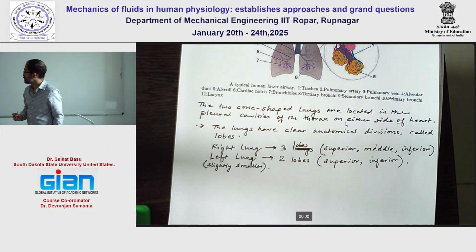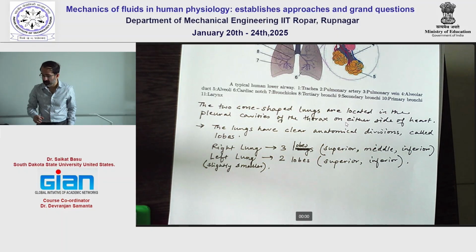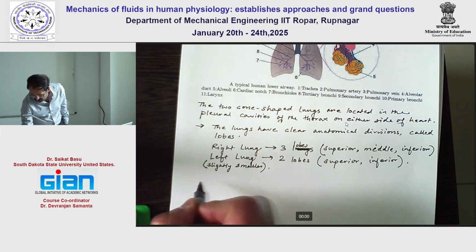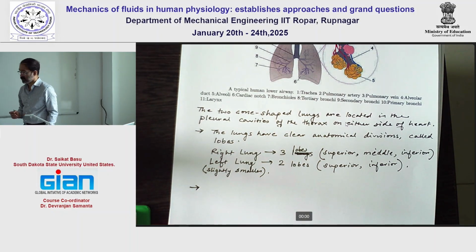Okay, so now what passes to the lungs, this air that is coming in through the windpipe from the trachea, and then it goes into all these channels. So let me write down the details of that, and some of it we have also covered yesterday when we were talking about the lung generation.